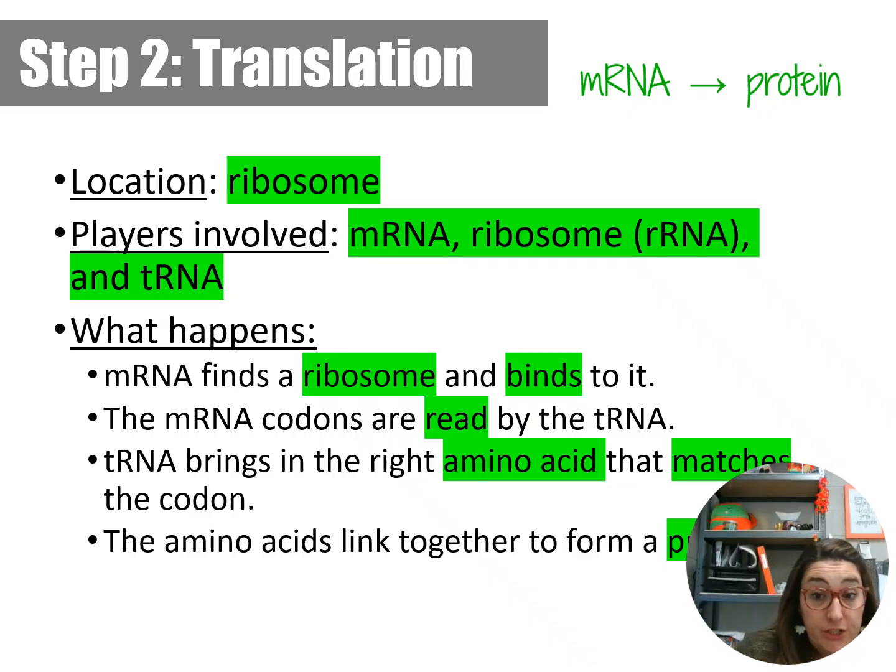Does it need to bring sugar? Does it need to bring salt? Does it need to bring flour? Does it need to bring licorice? We need to know. So the tRNA is going to grab that amino acid or grab that ingredient and bring it back to the ribosome. The amino acids then link together to form protein.